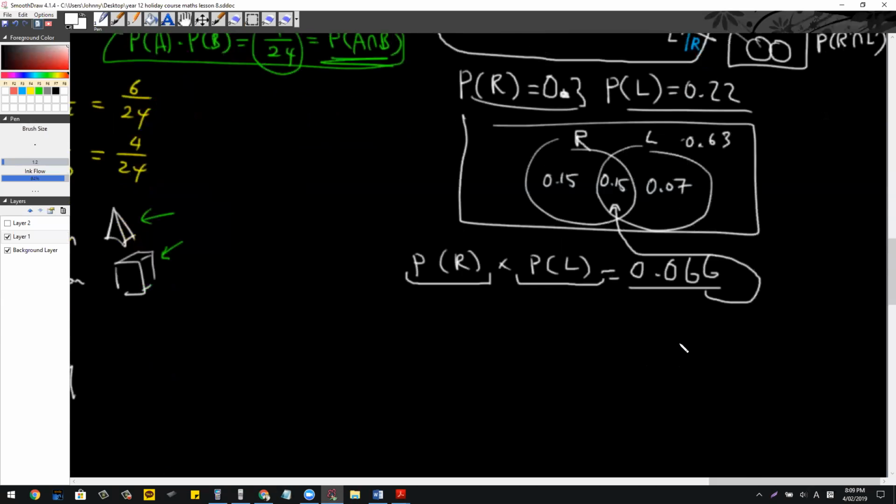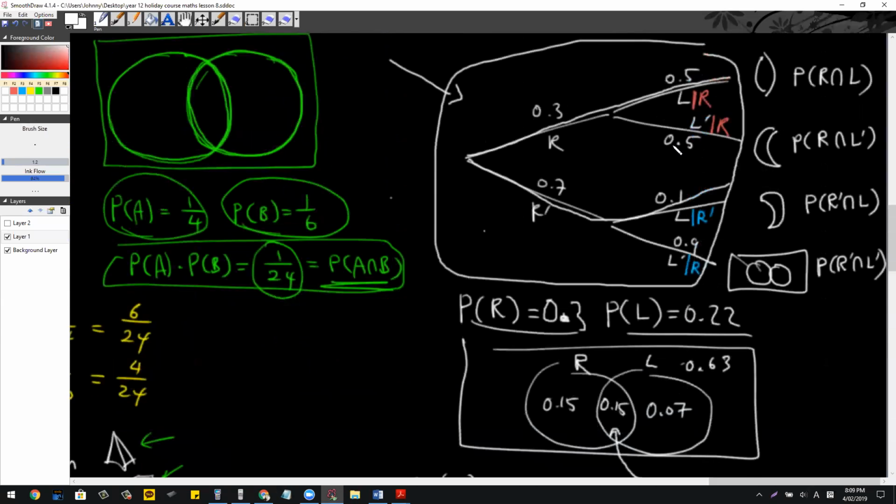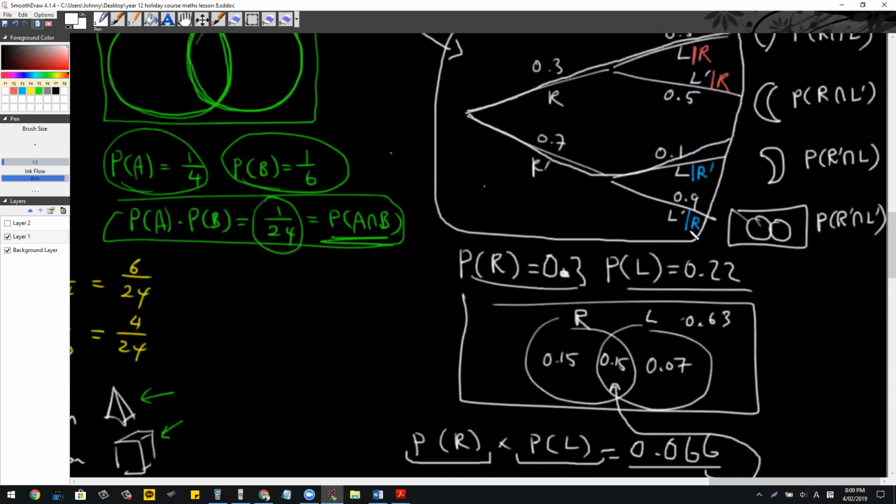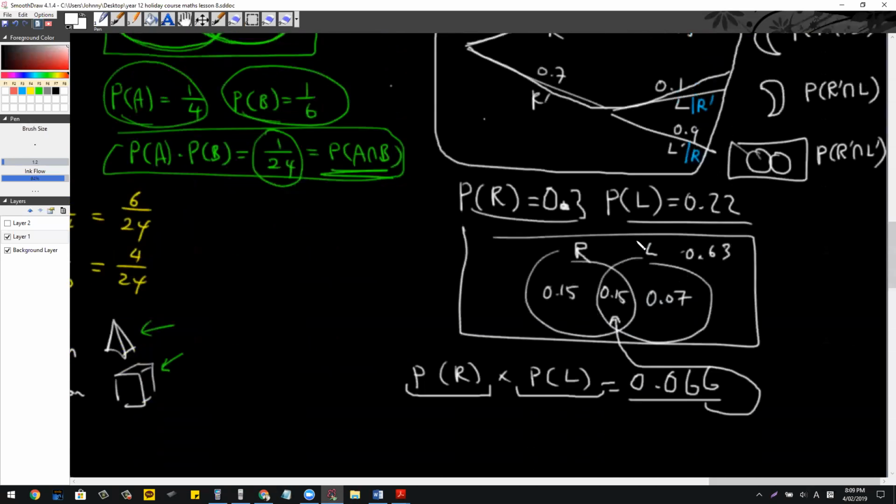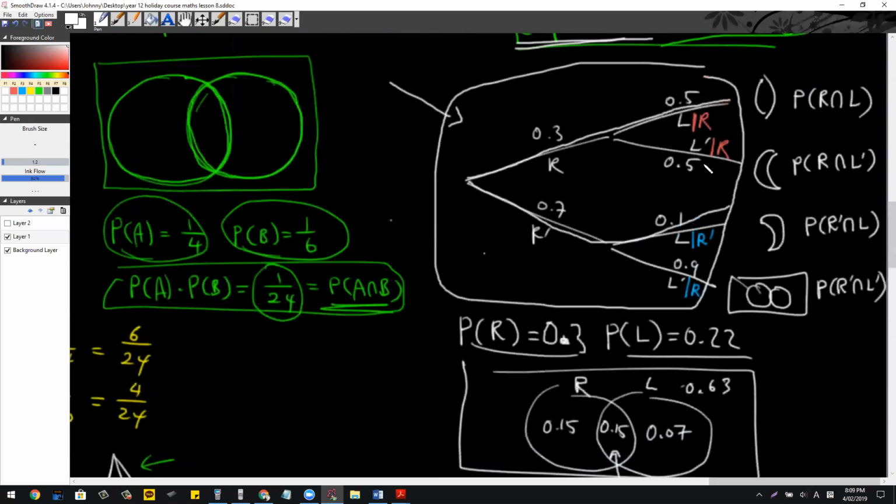Now things get a lot more interesting from here. We construct this equation. Probability of A and B is probability of A times probability of B if it is independent.